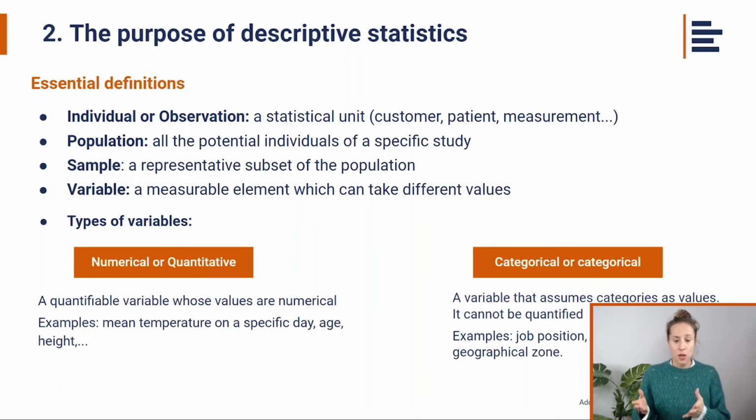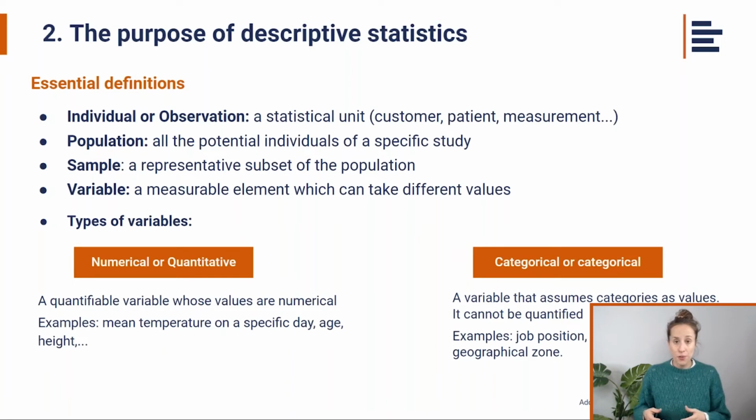Today we will talk about two types of variables: the numerical ones, also called quantitative, which are variables whose values are numerical and quantifiable. For example, the mean temperature on a specific day or month, the age, the weight, and these sort of things.